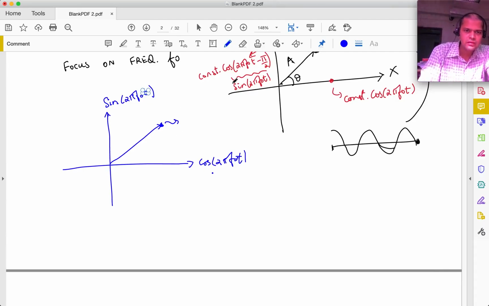So how do we get the dot product? Let me just complete this: a sum of sine 2 pi f0 t and cosine 2 pi f0 t.